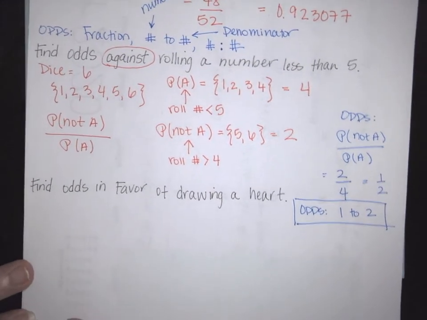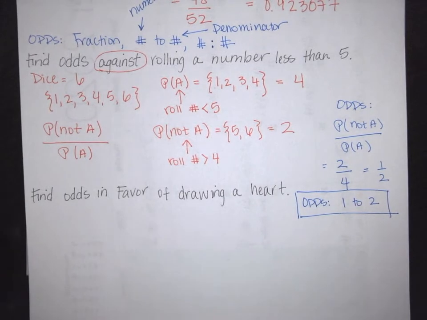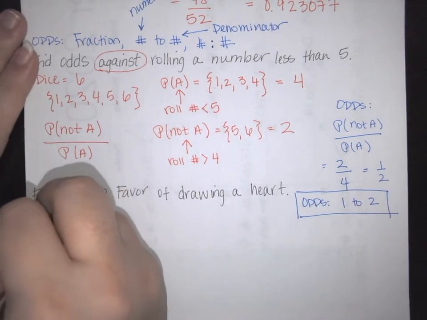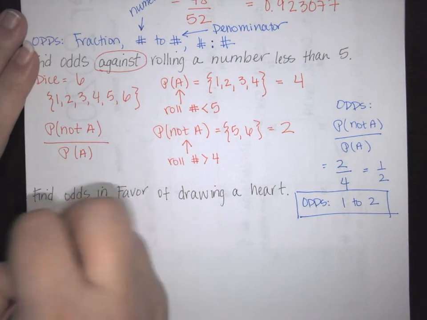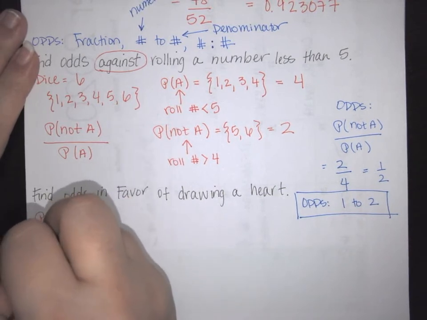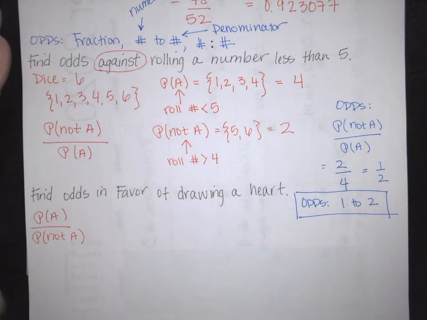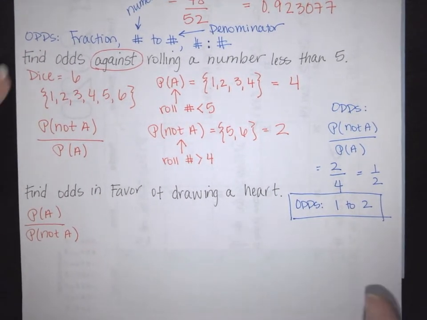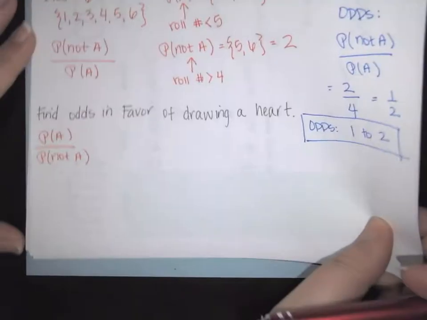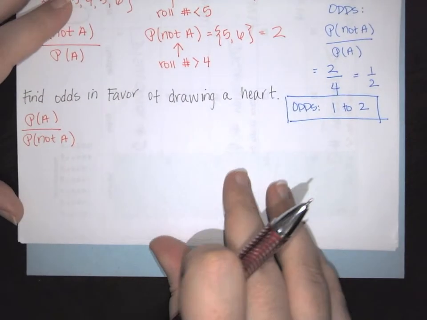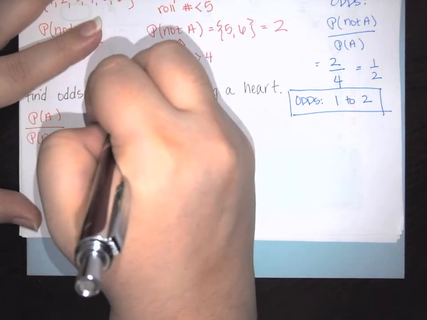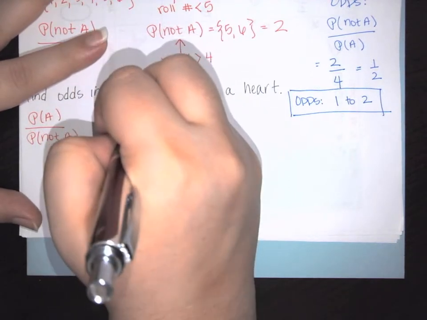Now, odds in favor are going to be the exact opposite. So odds in favor mean, in this case, we're looking at the event on top, whereas not drawing your event is on the bottom. In this case, we're drawing a heart. Okay, so we want the odds in favor. So in order to do that, the first thing we need to look at is the probability of my event A happening.